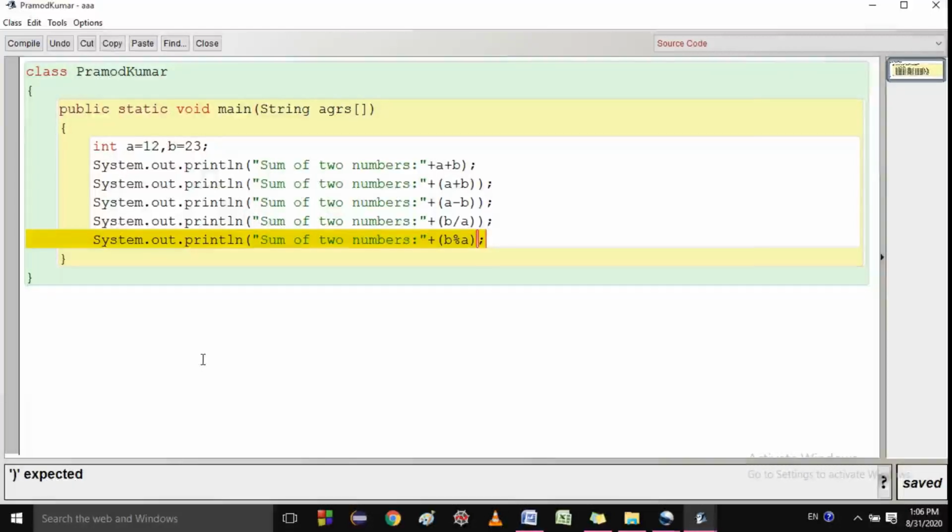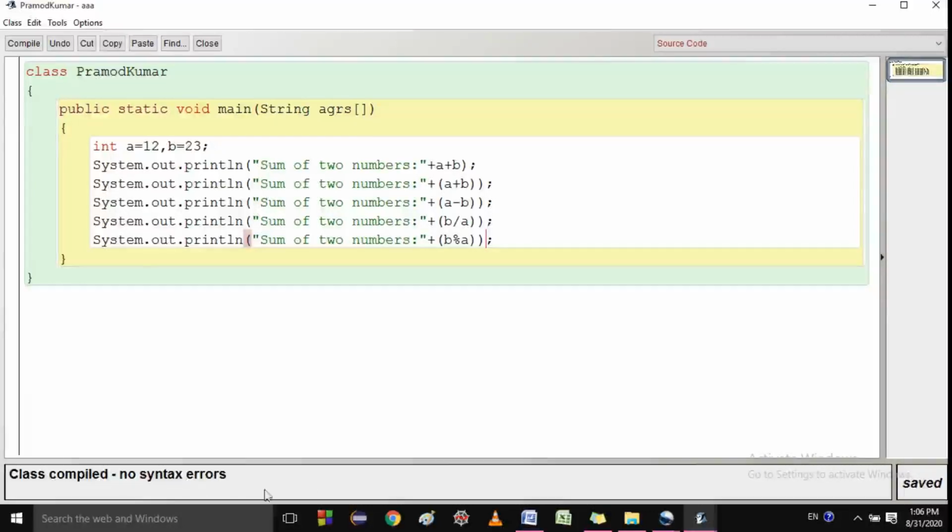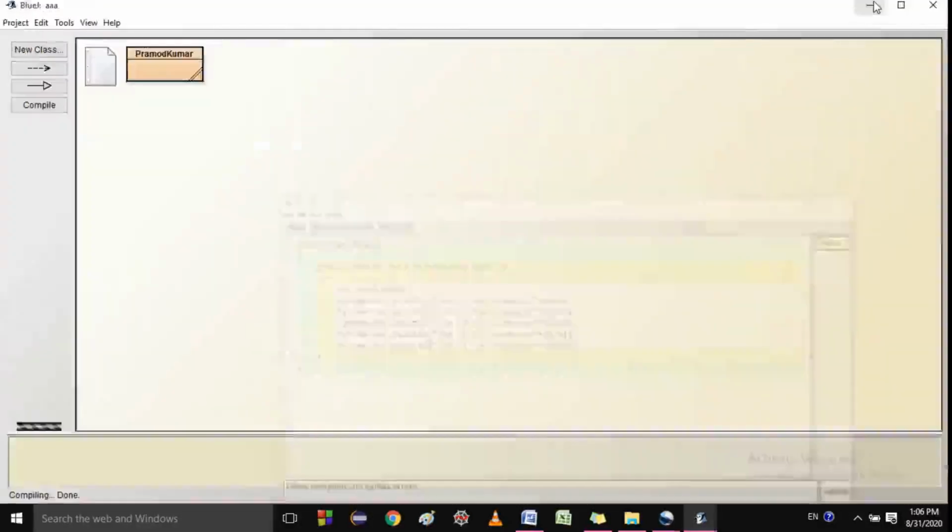Compile it again. Okay, one more bracket I left. Sorry. This bracket. Check it. No problem. Class compiled, no syntax error over here. Let me run this.